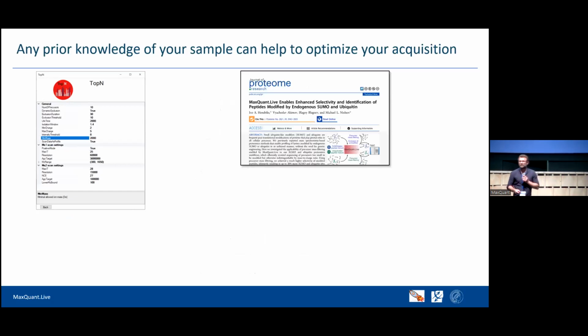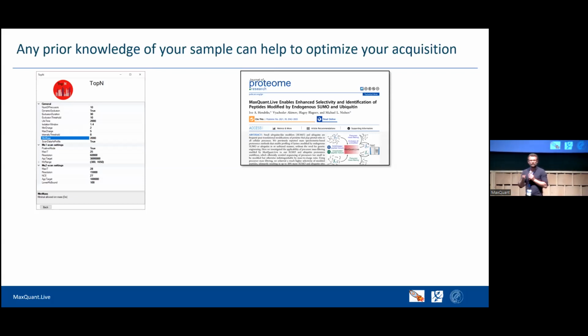And then there was this paper which said MaxQuant.Live enables enhanced selectivity for identification of peptides. And we thought, okay, they are using one of the fancy features of the software, but no, they didn't. They used top N. They had the problem that they wanted to restrict the precursor selection to a certain mass, which, and I didn't actually know that, is not possible with the instrument software at that time.